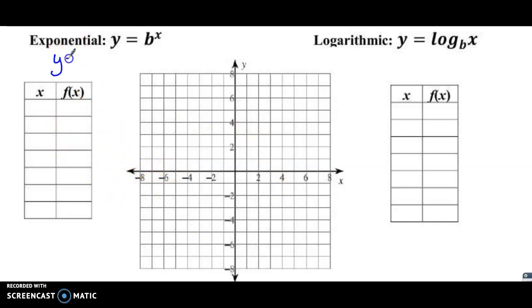So in our graph from the other day, we did 2 to the x, and when we filled in our chart, we had 0, 1, because 2 to the 0 is 1, then 1, 2, 2, 4, and 3, 8. I'm going to be going kind of quickly because I don't know how much time I'll have. I want to make sure that I can get through everything.